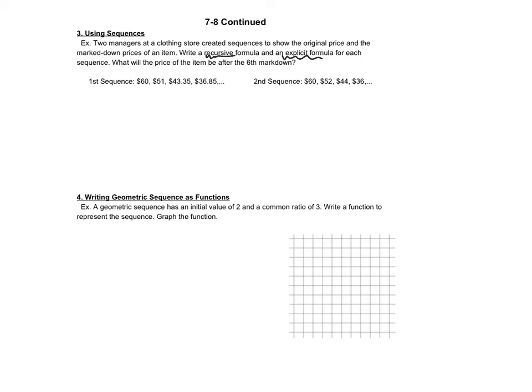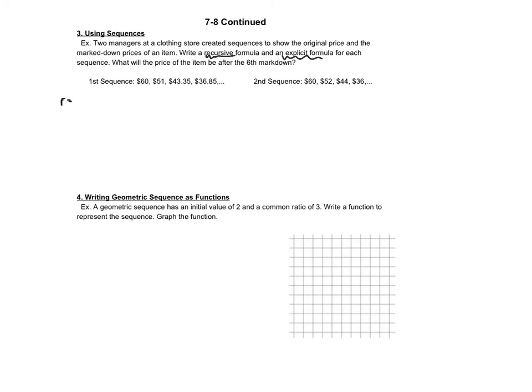Okay, so using these sequences, we have the example: 2 managers at a clothing sale create sequences to show the original price and the markdown prices of an item. Write a recursive formula and an explicit formula for each sequence, and then what will that price be after the 6th markdown? Okay, well, sequence number 1, let's see here.